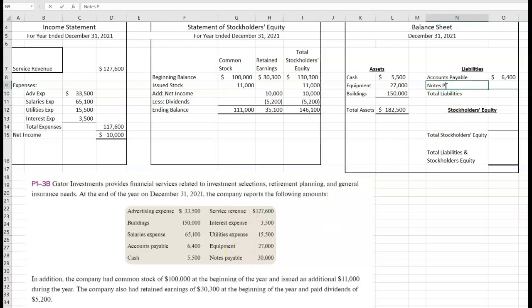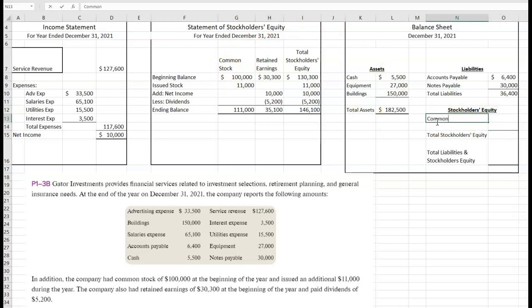So notes payable is $30,000. And then I'll want to add those up. That totals $36,400.